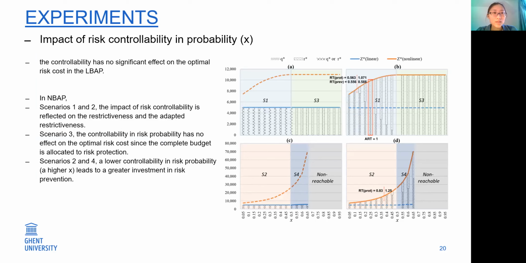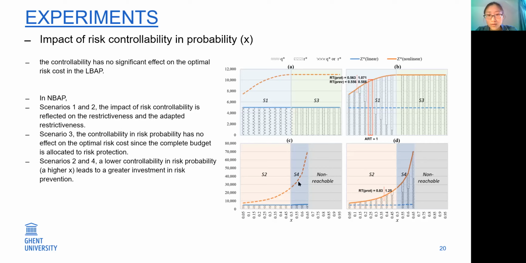To investigate the impact of the risk controllability, we depict the optimal budget allocation decisions in this figure, where the x-axis means the different values of the risk controllability in risk probability, and the y-axis represents the risk response cost.